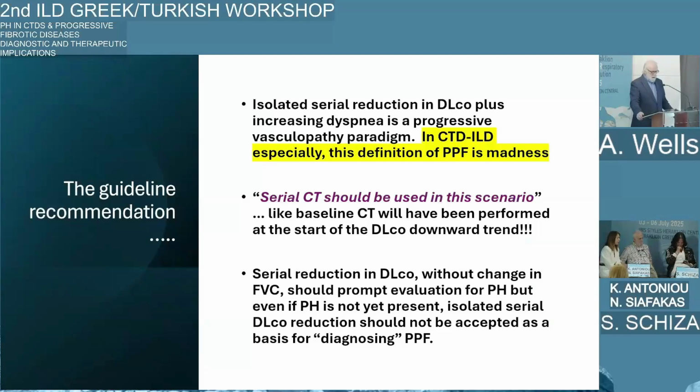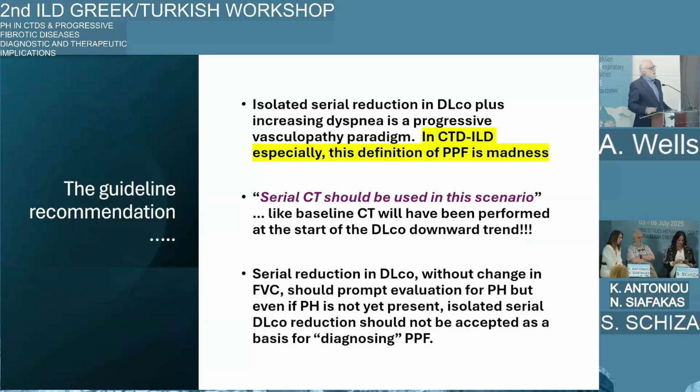And so the guideline recommendation is that isolated serial reduction in DLCO plus increasing dyspnea equals progression of fibrosis. And in CTD-ILD, this paradigm for a progressive pulmonary vasculopathy, I suggest, is madness.